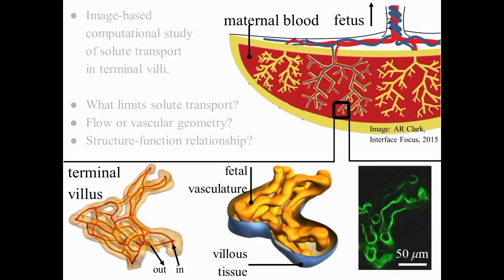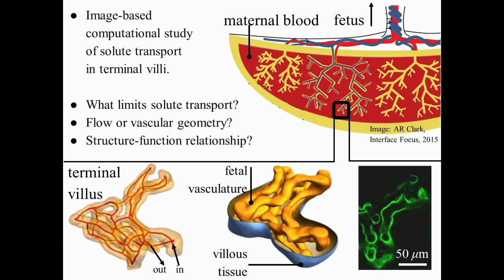So I'll be talking about an image-based computational model study of solute transport in these terminal villi, the primary exchange units in the placenta, and I'll be addressing questions like what limits solute transport, is it flow, is it geometry, and what's the relationship between the geometric structure of these terminal villi and their physical function.